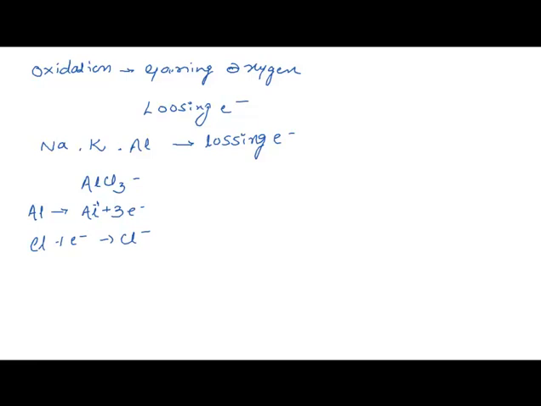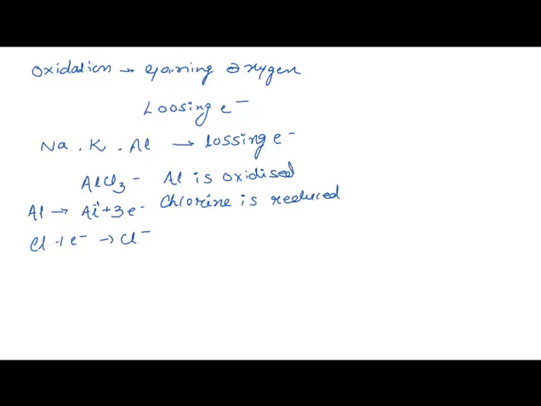Now here, what is losing electron? Aluminium. So we can say that aluminium is oxidized. Which one is gaining electrons? Chlorine. So we can say that chlorine is reduced.